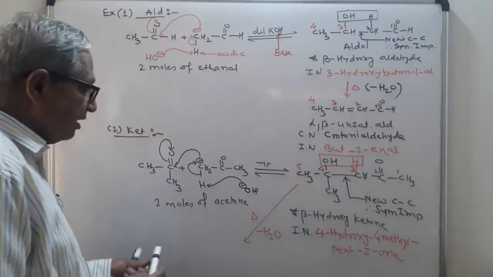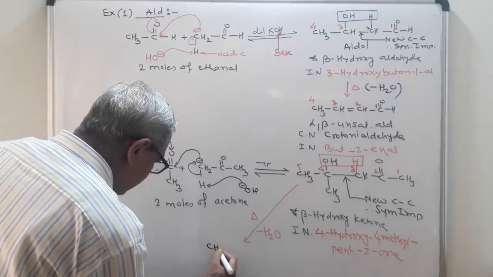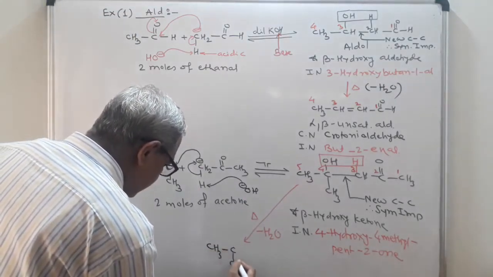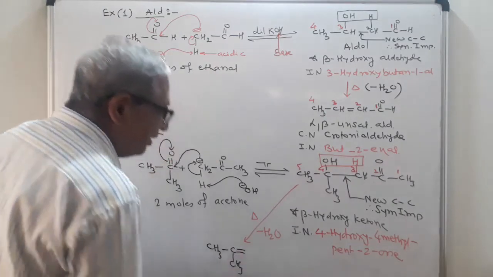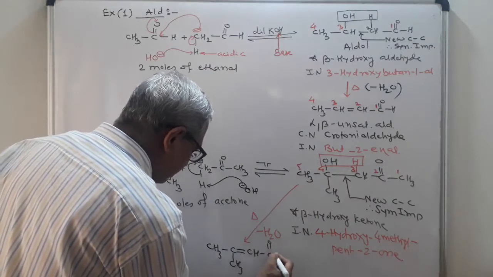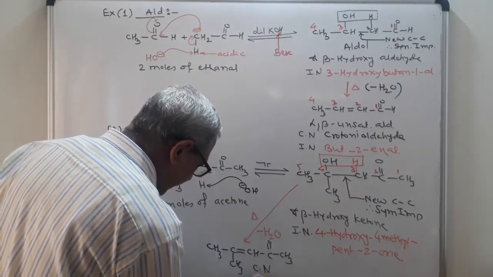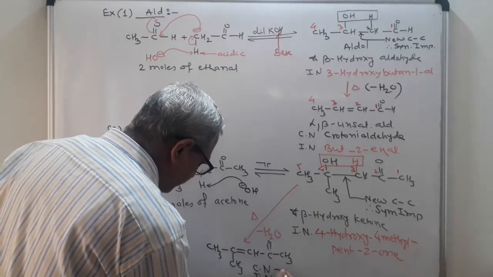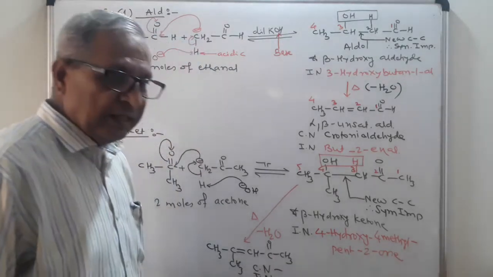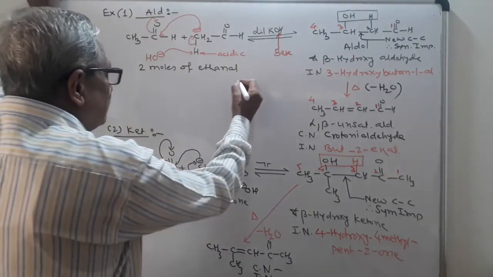You will get here alpha beta unsaturated ketone, that is CH3, CH3 double bond CH C double bond O CH3. I will set one important question. Write the common name and IUPAC name of this molecule. In the nomenclature I was taken and I set the question like this.